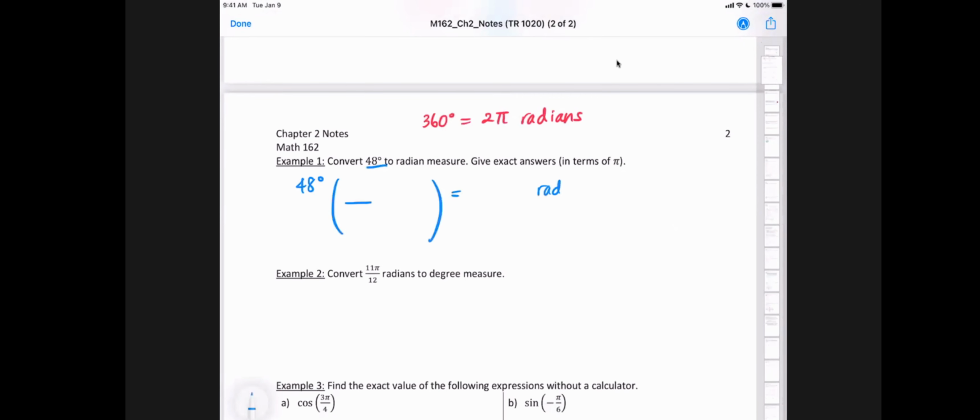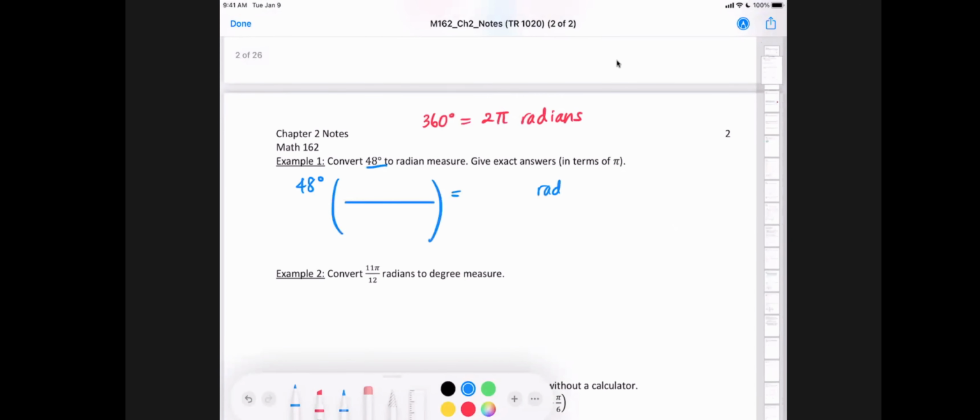So in this case, we are going to have to multiply, and this conversion factor, one of these is going to go in the numerator, one of them is in the denominator, and how you pick is how the units cancel. So if I need the degree measure to cancel, then I need the degree measure to cancel out with a degree measure in the denominator, right?